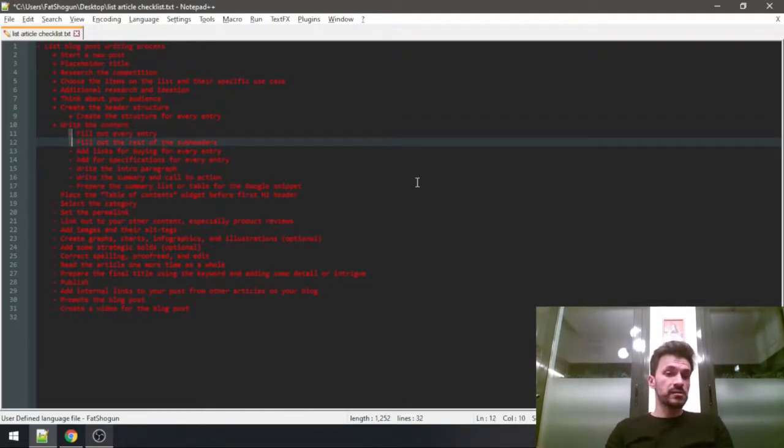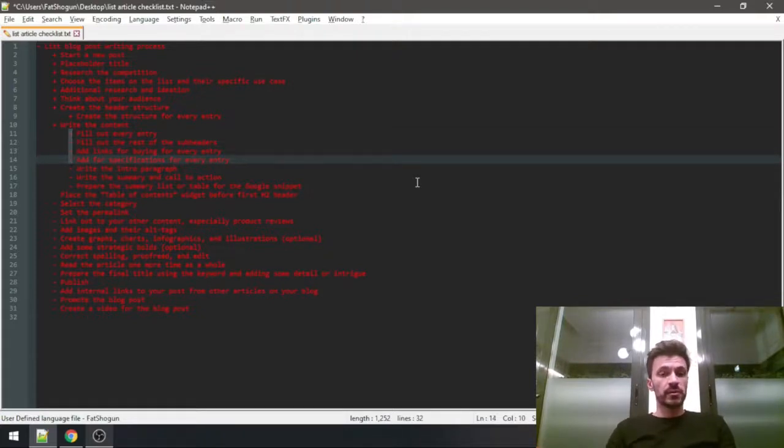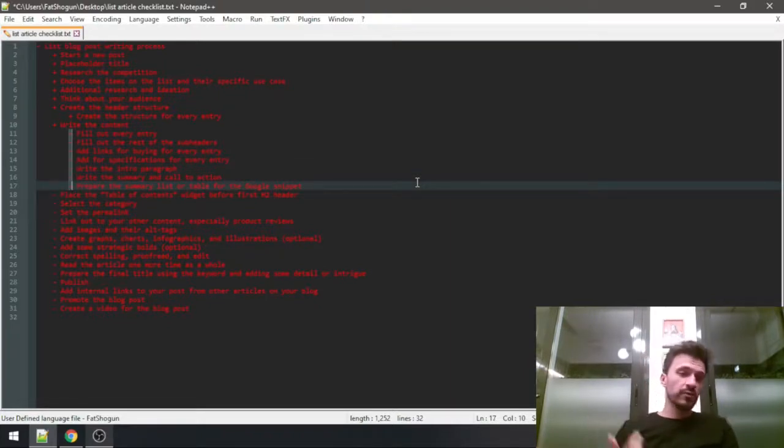Writing the content is actually done. So we filled out every entry, all of the subheaders. We didn't really add the links, but that's on me for now. They're not prepared, and I'm not gonna bother you with that right now. You saw me do that in the previous article, and it's really a simple technical step. So no need to go over that right now.